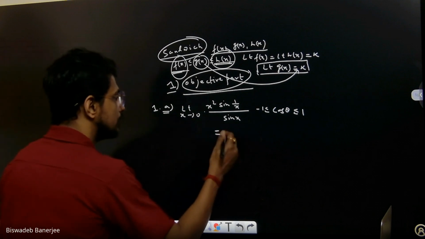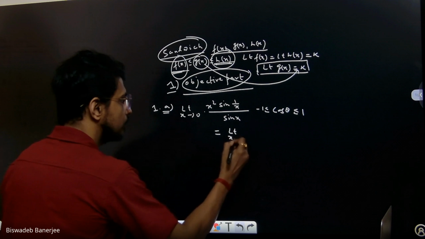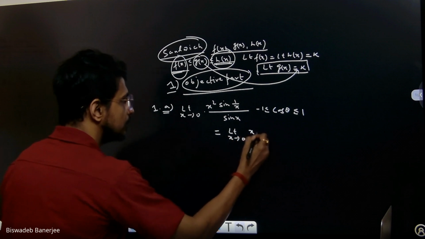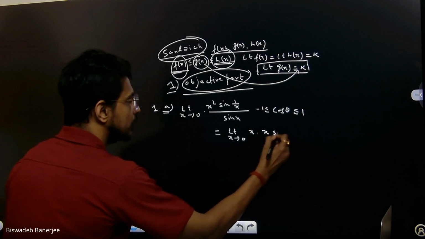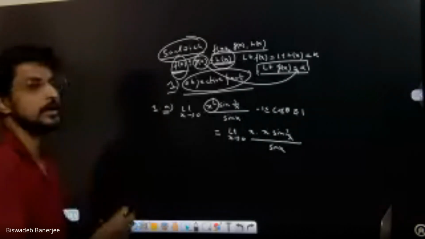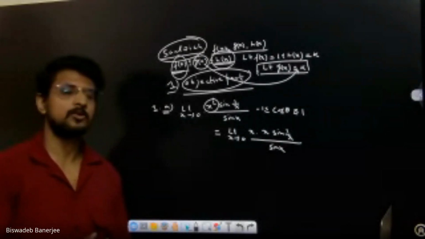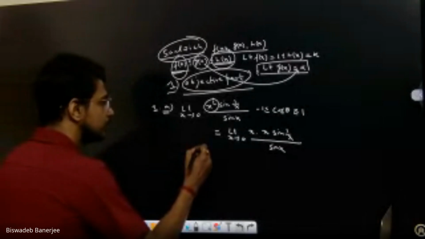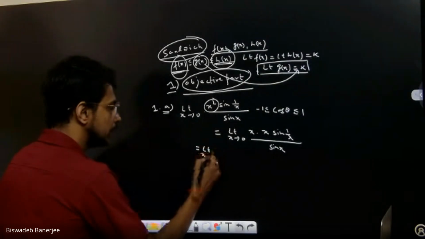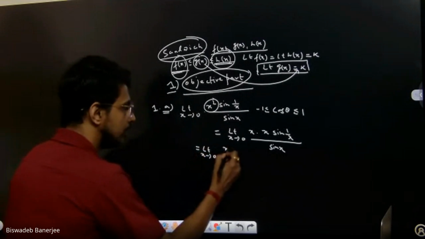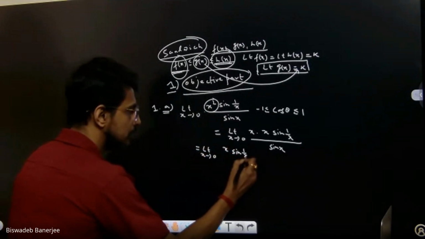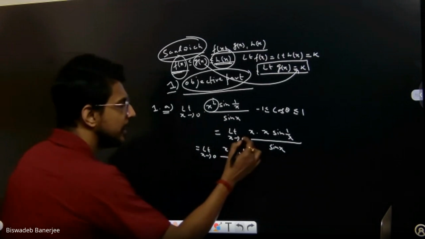So how can we solve this limit? See that we can write this limit as x into sine 1 by x. Can we write this? Just writing x squared by x into x. Then see that limit x tends to 0 of x sine 1 by x. Now simply we are applying the division rule.